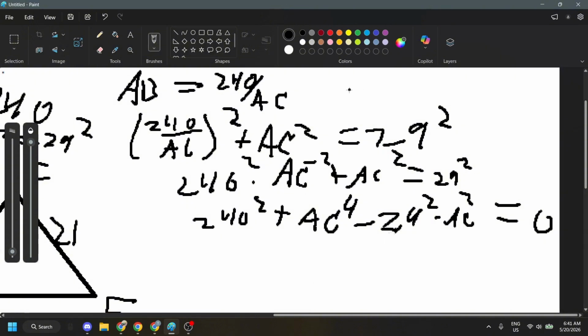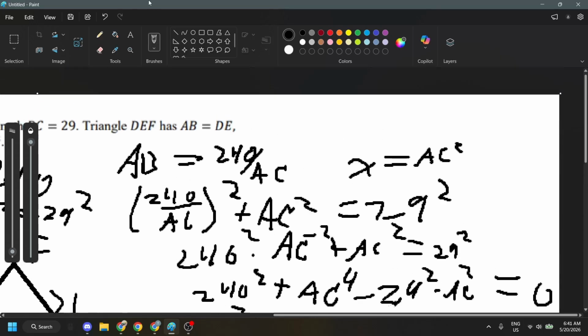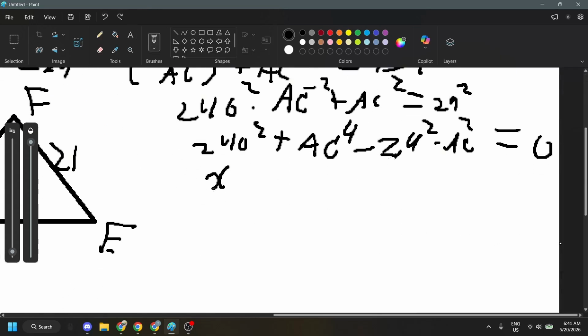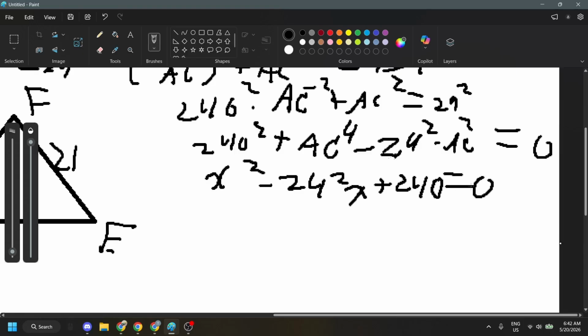So then if we say x is equal to AC squared, then we get x squared minus 29 squared x plus 240 squared is equal to 0.